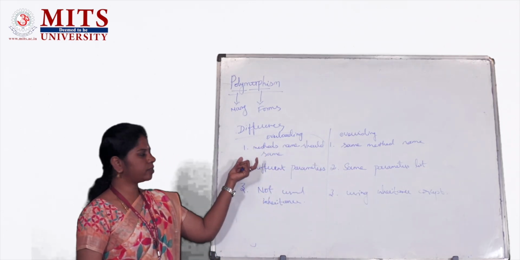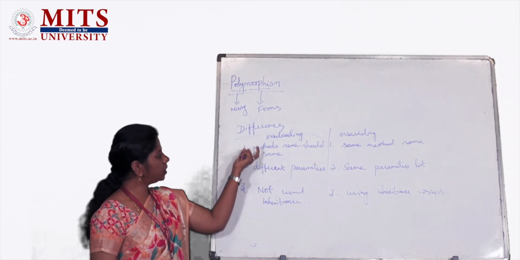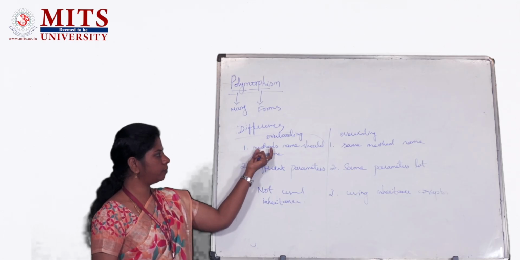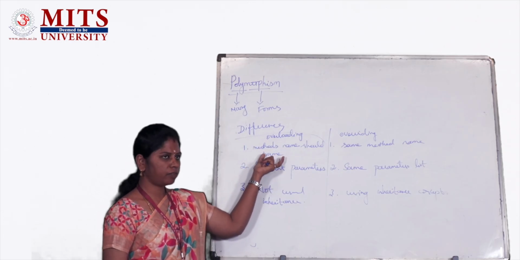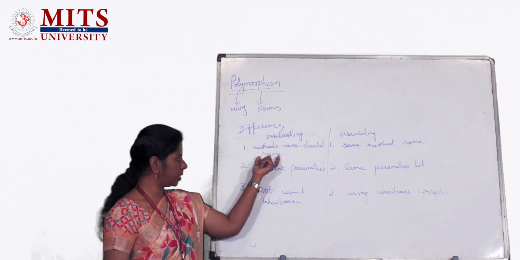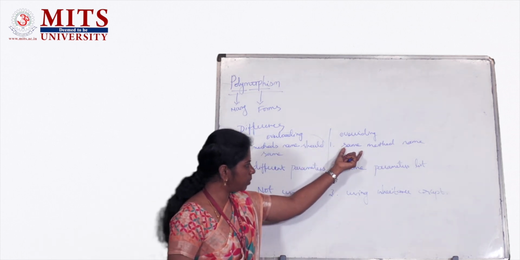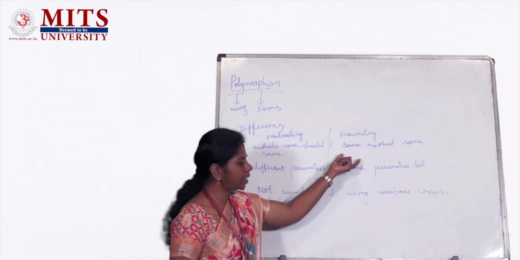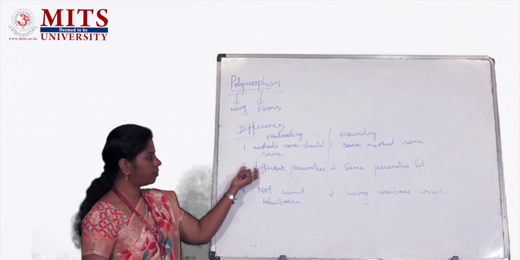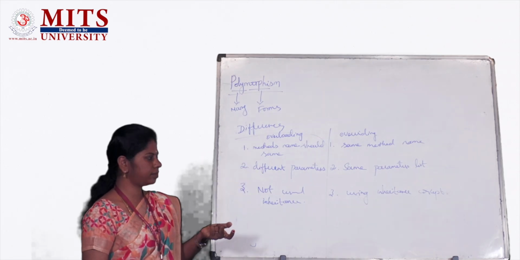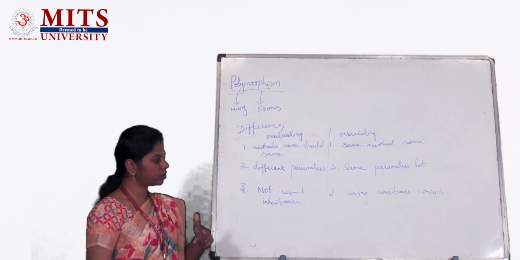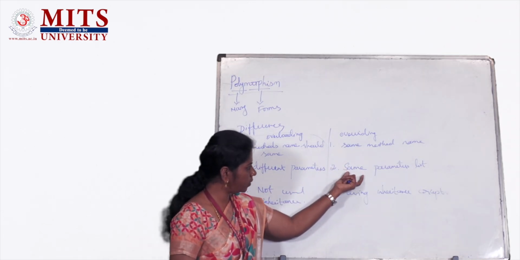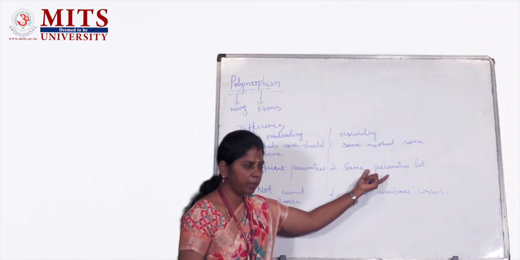Again I will explain. In method overloading, we have multiple methods present with the same method name. Here in overriding also, multiple methods are present with the same method name. In overloading we have a different number of parameters; maybe the type of parameters also varies, but in overriding we should have the same parameter list.